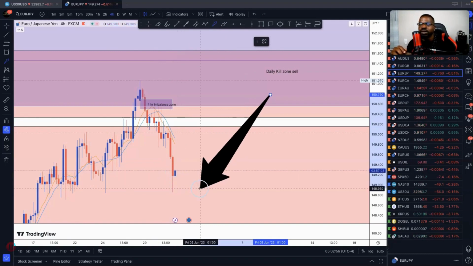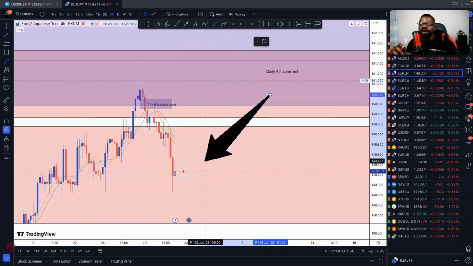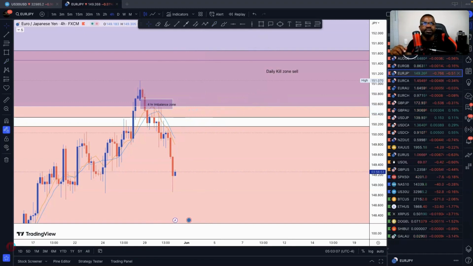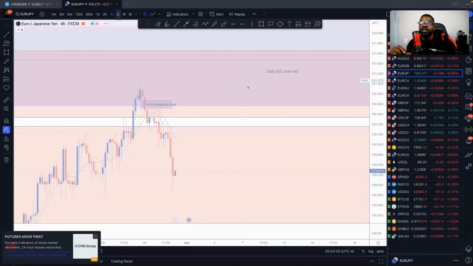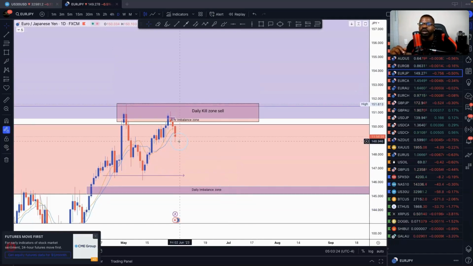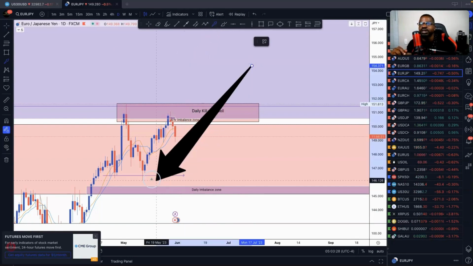Okay. Right here, we're going to take partials on this trade setup and move this trade into BE for the rest of the trades and just let it run. But overall on Euro JPY, we were looking for a pullback to at least this level here.